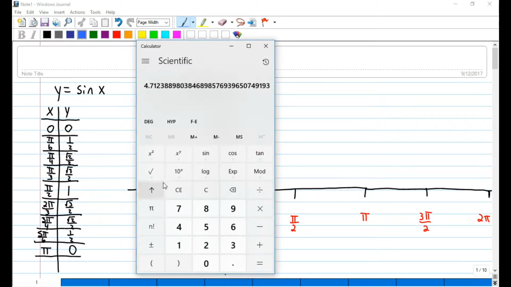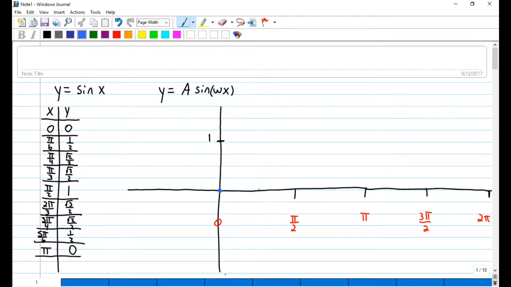Well, where is pi over 6? It'll be pi divided by 6. So that's 0.52. So that's going to be just a little bit more than halfway. Halfway to where? Halfway to 1.